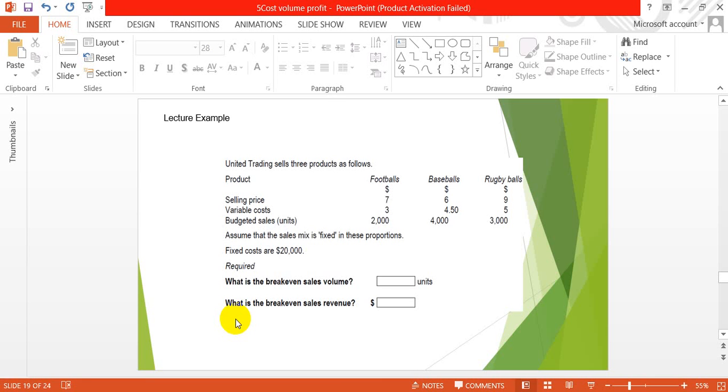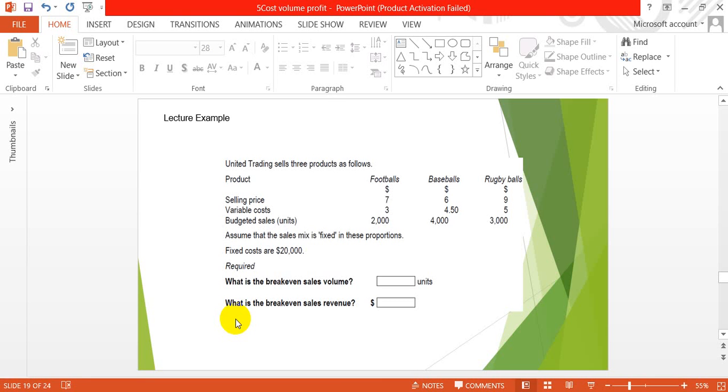Then we're given the budgeted sales, 2,000, 4,000, 3,000. Assume that the sales mix is fixed in these proportions. Fixed costs are given as 20,000. You're required to compute the break-even sales volume.